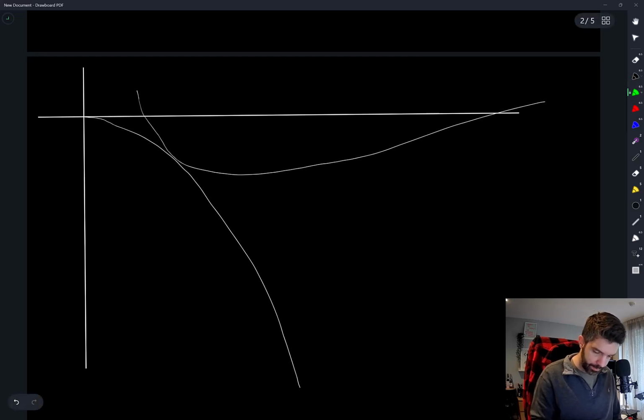So let's call this point here t on the x-axis. Then this here is negative t squared.